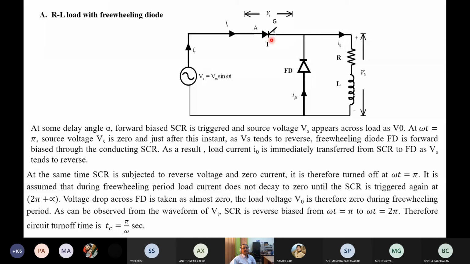And the reverse biased thyristor provides very high resistance. Also, the polarity of the source voltage has changed, so current would have to flow against the source voltage. So almost all the current will flow through the diode. The thyristor switches off, and now the voltage across the load is 0.